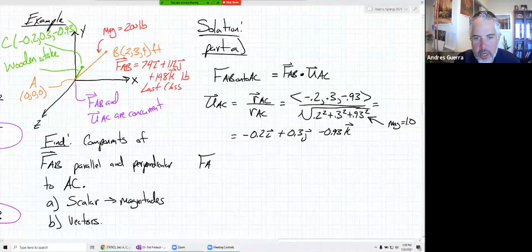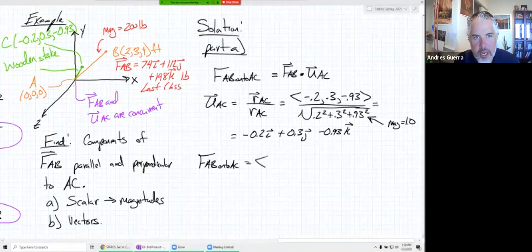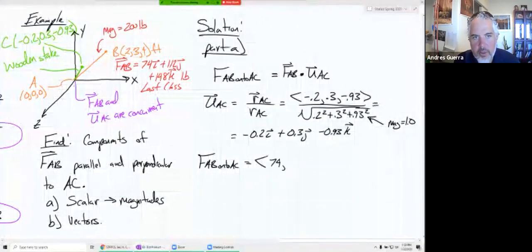Now we can do the dot product. So FAB onto AC, and this is going to be kind of a long line here. Let's see, AB we have. Why don't we do this in the component bracket form here? So we have a 74, we have a 112, and a 148. There's our force vector.